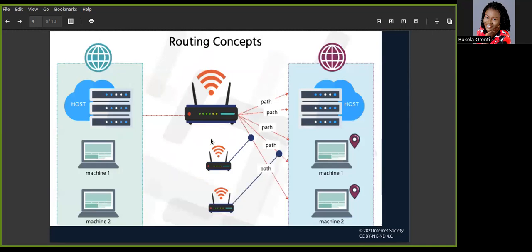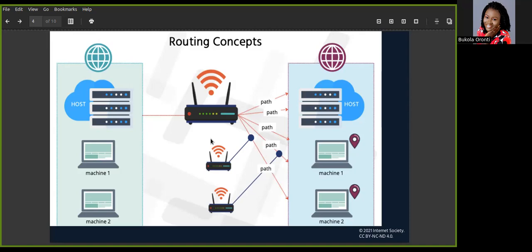Now, the routing concept. The initial mechanism of the routing process consists of determining the path over which a packet will travel from the host, that is the sender, to the destination, which in this case would be the receiver host. The second part of the process involves having routers switch packets from one segment or one hop or one router to the next until they arrive at their destination.